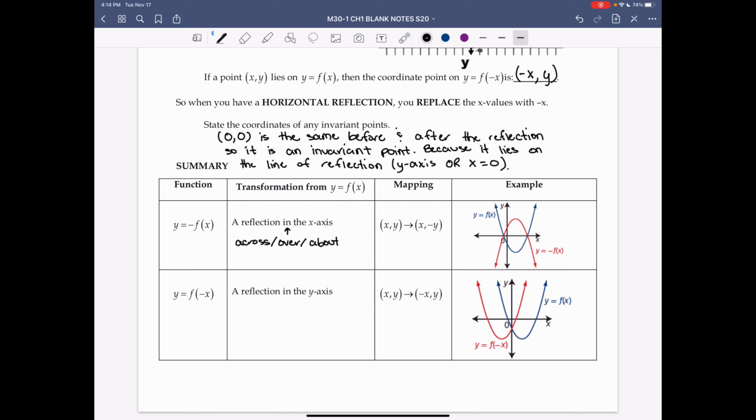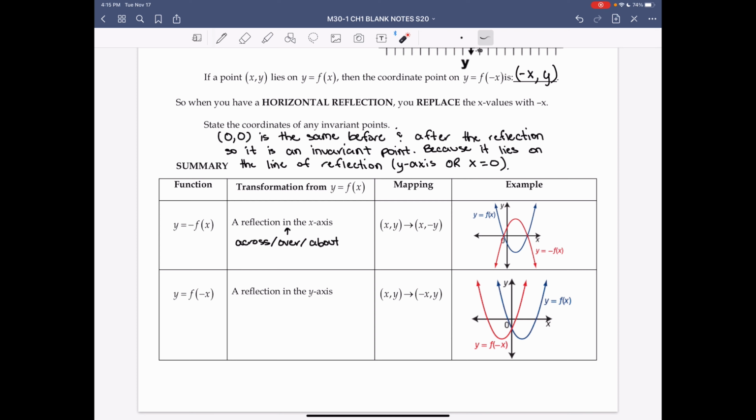All of those would be equivalent. Mapping notation, a point on the original function x, y becomes the point x, negative y for y equals negative f of x. And an example, f of x is a quadratic opening up in this case, and then y equals negative f of x is the reflection of that across the x-axis. So now it's a quadratic opening down.